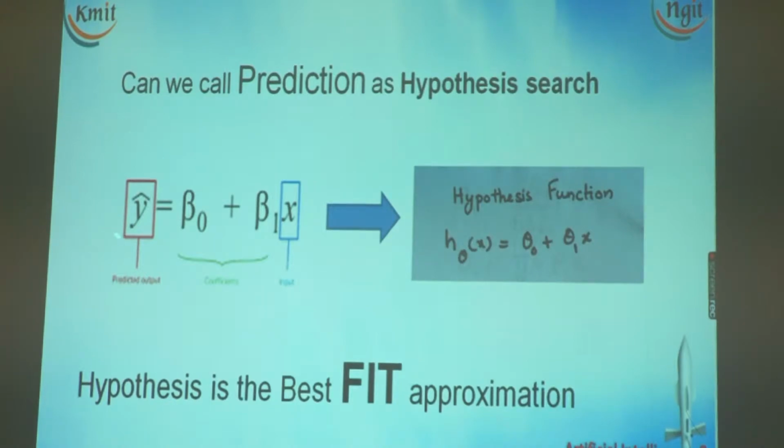Y cap is equal to beta naught plus beta 1 x. In place of y cap, I have placed h theta of x. In place of beta naught, I have taken theta naught, and in place of beta 1, I have taken theta 1, and x is the features.